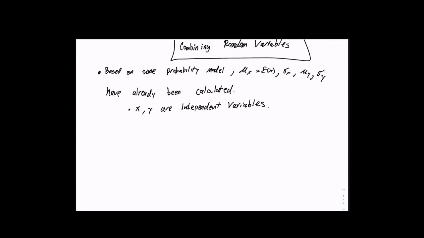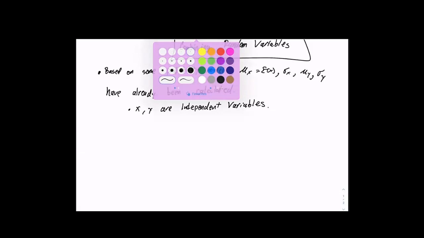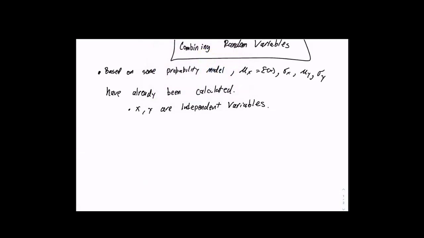They're independent of each other. So x and y define some probability models. One might be for children, one might be for adults. They all represent something. Now in today's lesson, we're not talking about applications. We're going to be given the mean and standard deviation, so we are given these today.